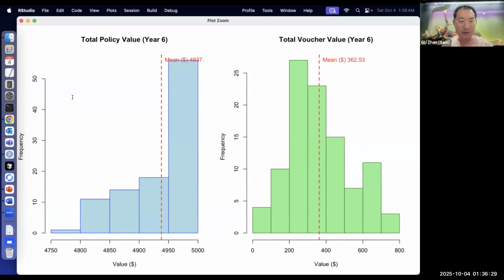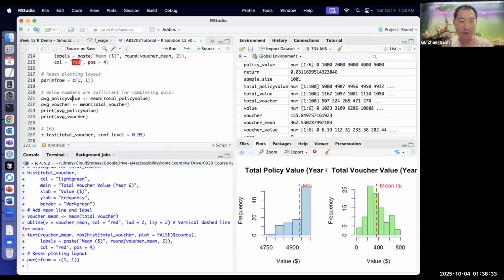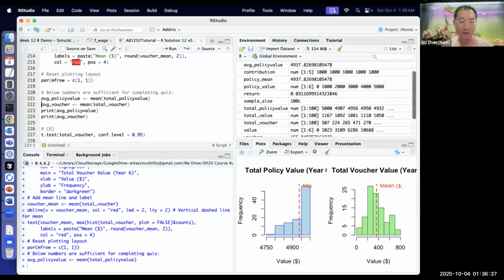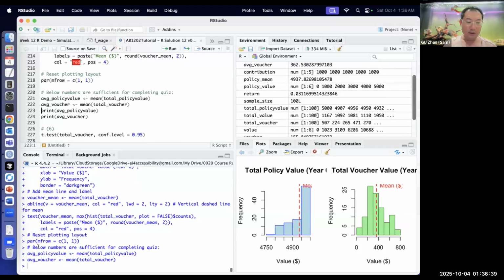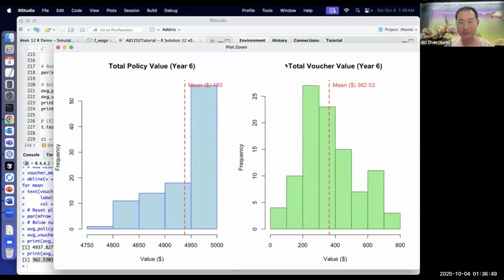Okay, so next, the numbers below are sufficient for completing the quiz: average policy value and average voucher. So this is your average policy value, and this is the average voucher that you obtain. These are the 2 values that earlier we have seen.